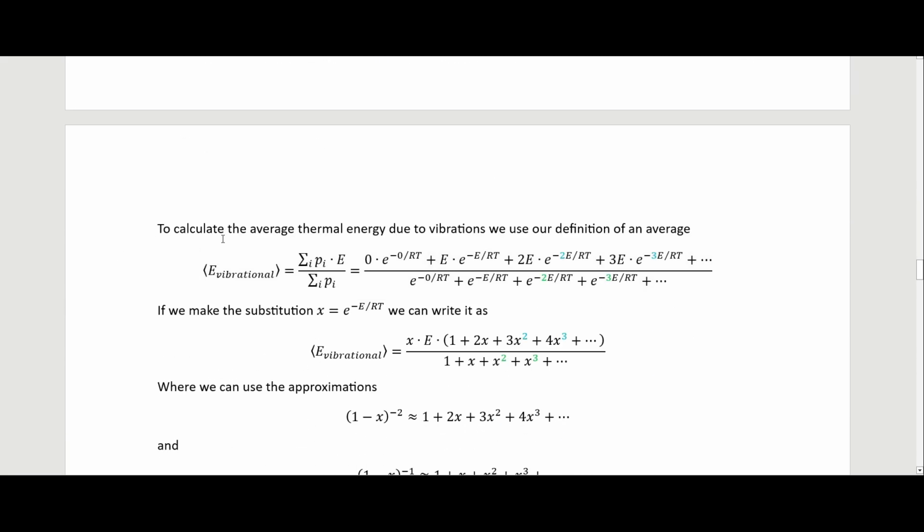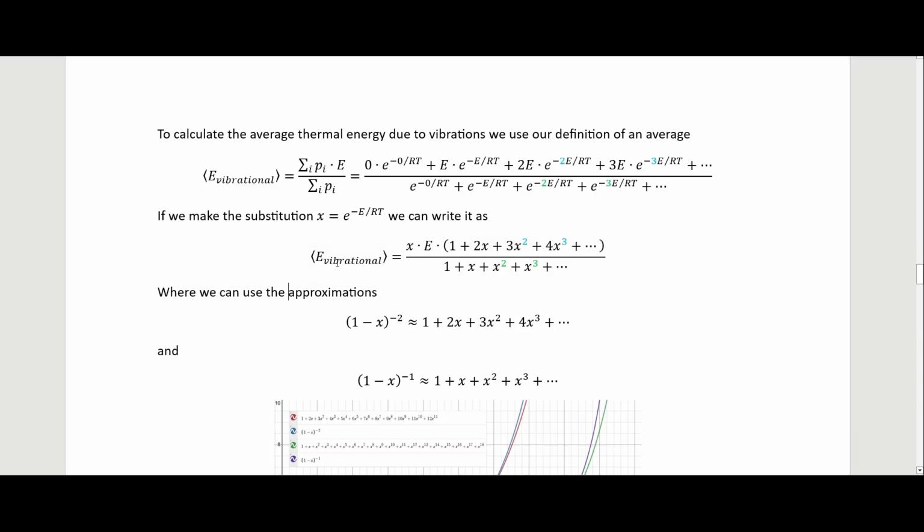So to calculate the average thermal energy due to vibrations, we use our definition of an average, which remember was this, where we have the probability times the energy divided by this probability right here. So we're summing all these like this, and if we make the substitution that x equals e to the power of negative E over RT, then we can make this look a little bit nicer like this.